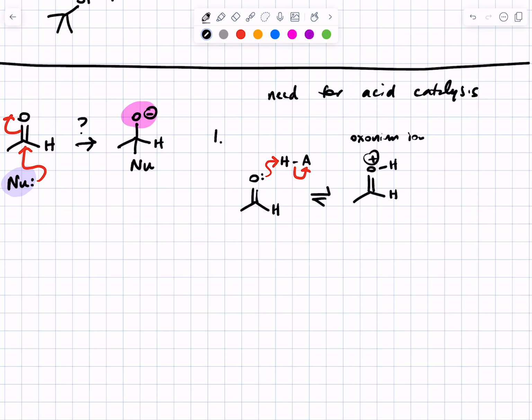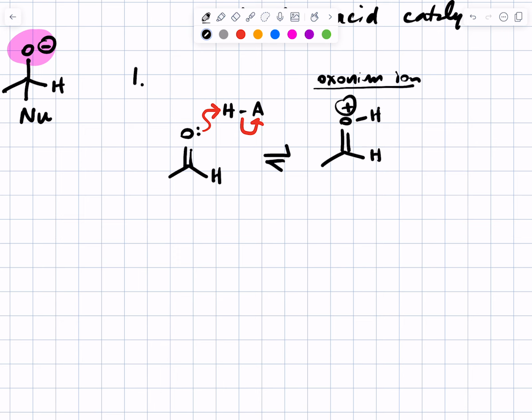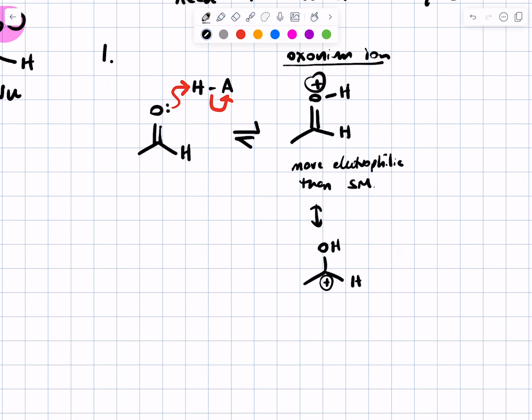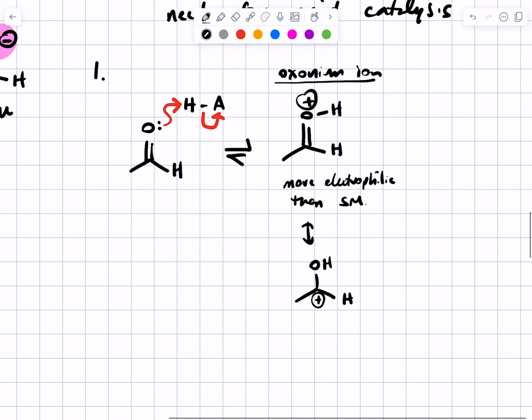And hopefully you can see that that oxonium ion should be more electrophilic than the starting material. The reason for that is, of course, I can draw a resonance structure of the oxonium ion in which the positive charge that's on the oxygen is actually on the carbonyl carbon.